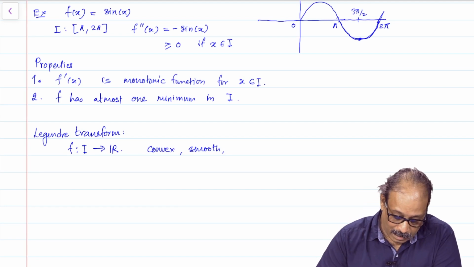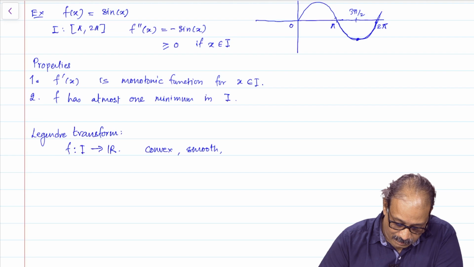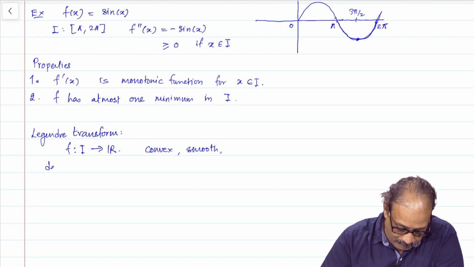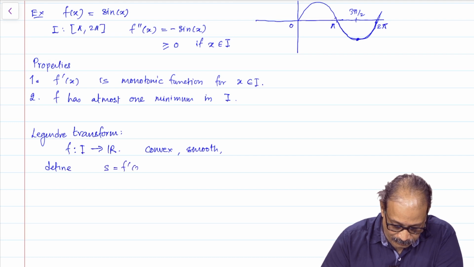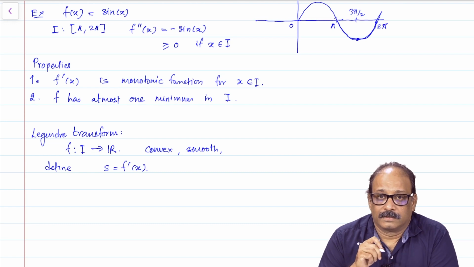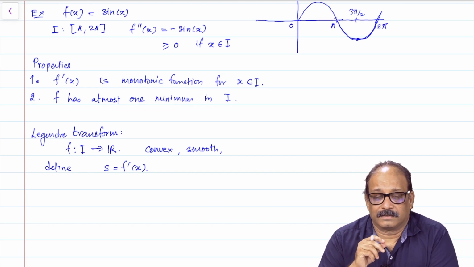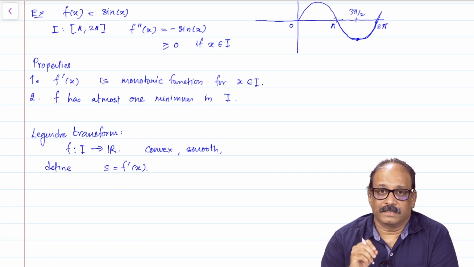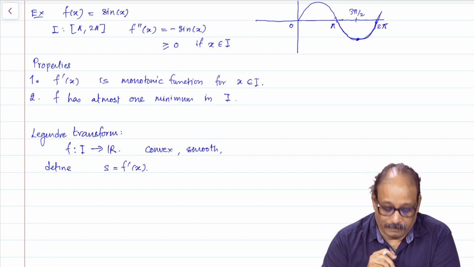Okay. Now, define a new variable which is s as f prime of x, and now think of this f prime as a transformation from x variable to s variable. Okay.